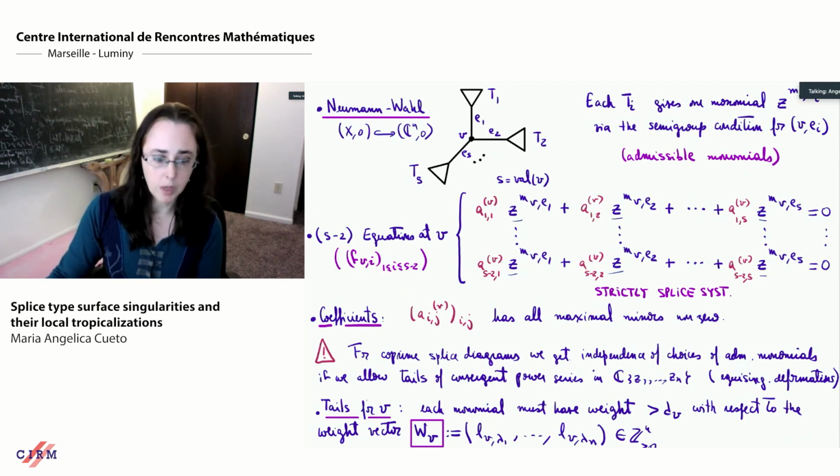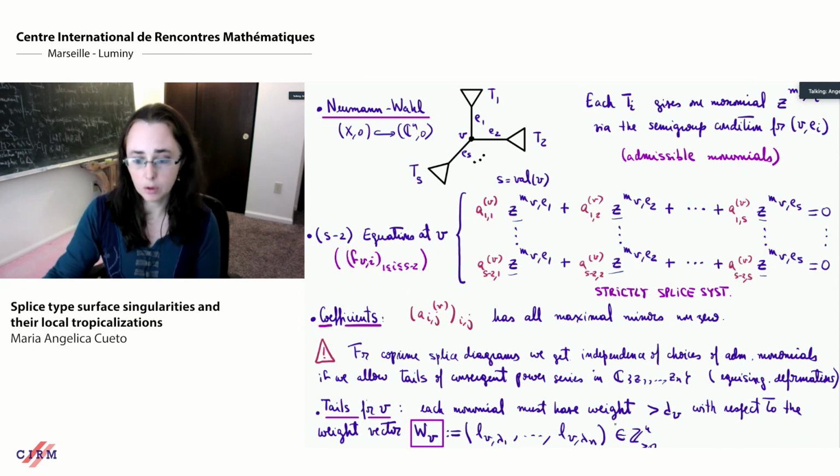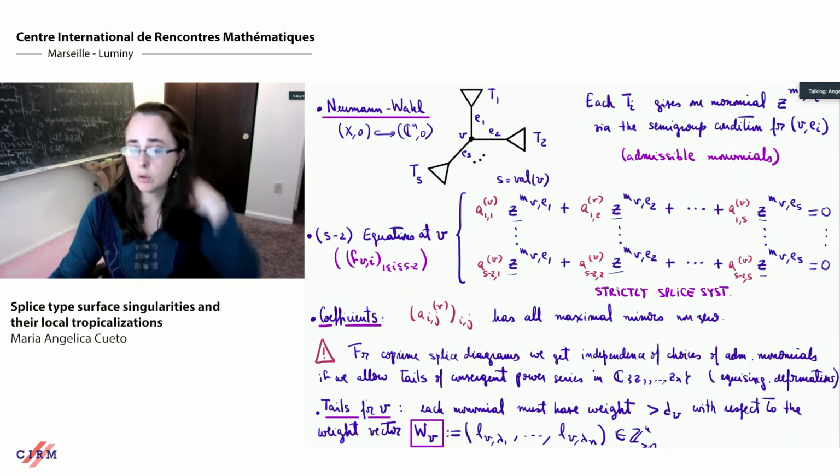And with respect to that weight, the tails are going to have higher order. And we're going to see in a minute that the weight for each one of these is going to be dV. So higher order really means weight larger than dV. And so the splice type systems that we are interested in are going to allow tails that have higher order with respect to this weight.